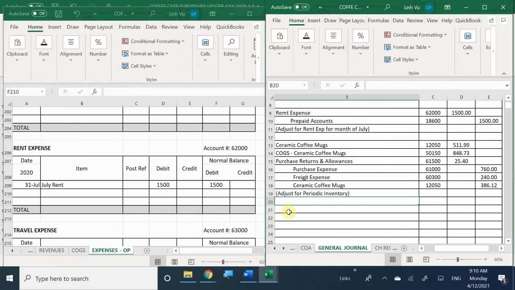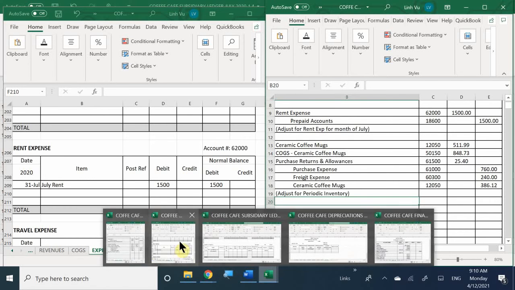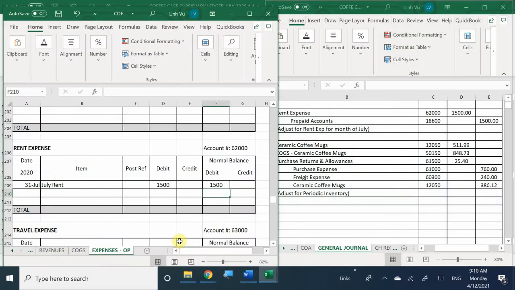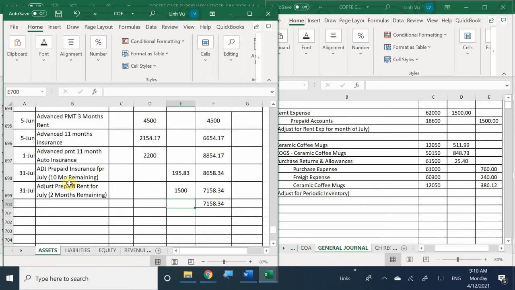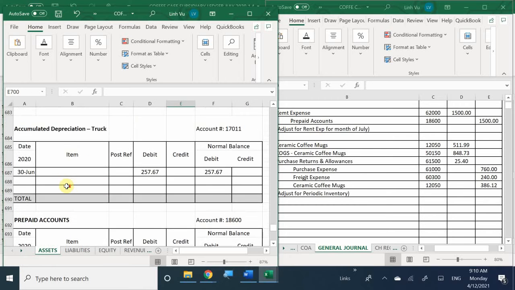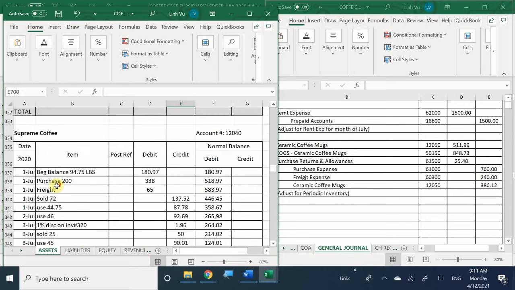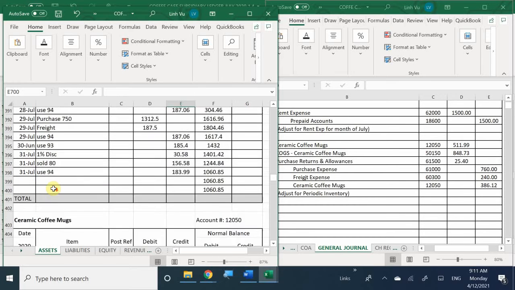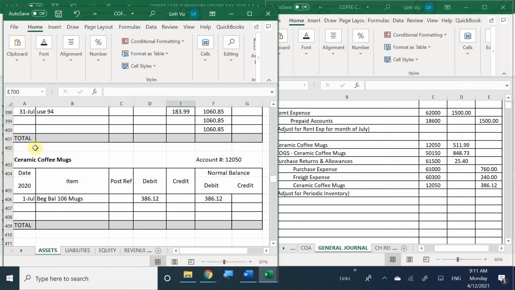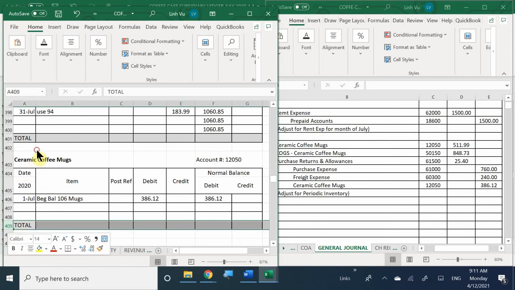Okay, now that I converted everything, let's go to my ledger because now I need to update my ledger. Exactly how you see it, we're going to start off with our inventory item. So my assets, this is an inventory item. Here we are, ceramic coffee mugs. I'm going to insert one more.